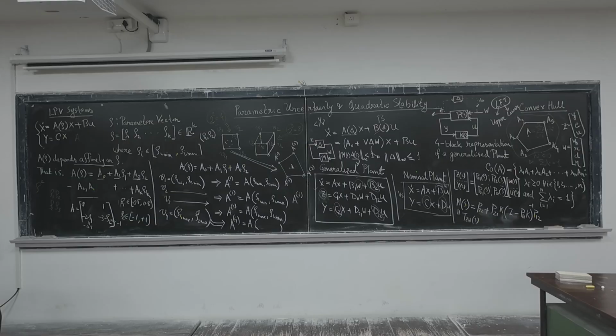So when you are putting the convex constraint, of course we are losing something. That means only those A which can be represented as a convex combination of these A matrices, for them only we can establish the result, not beyond that. That is the conservatism, right? But if you accept the conservatism, then you have an established result. That is the advantage.